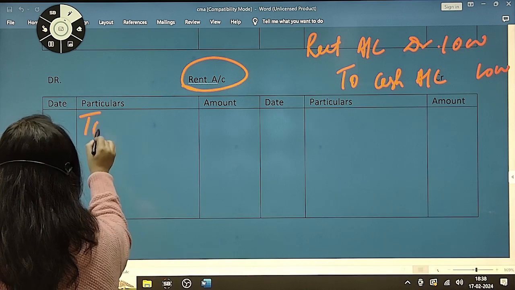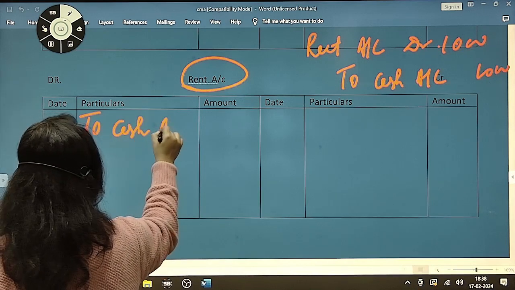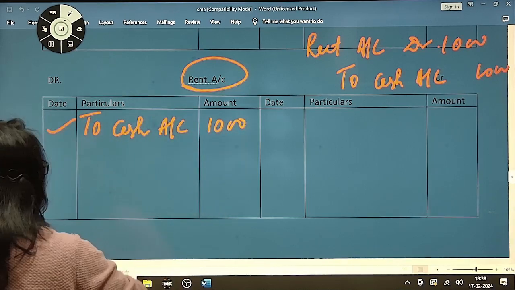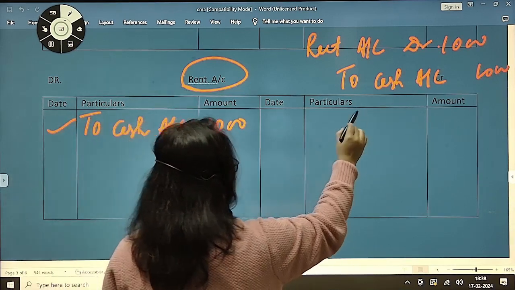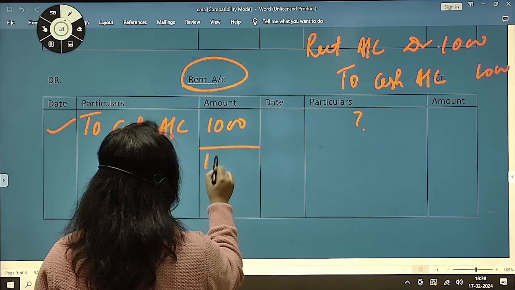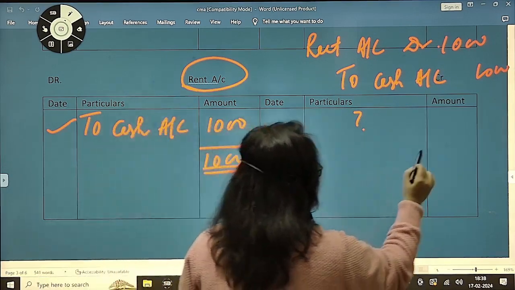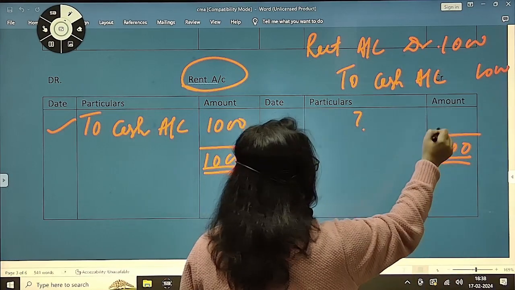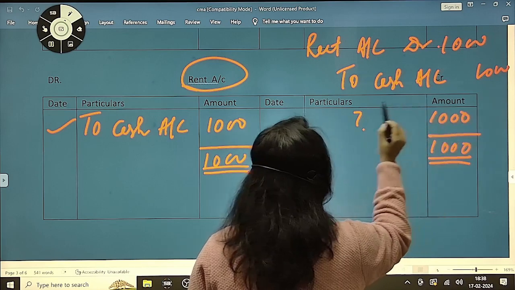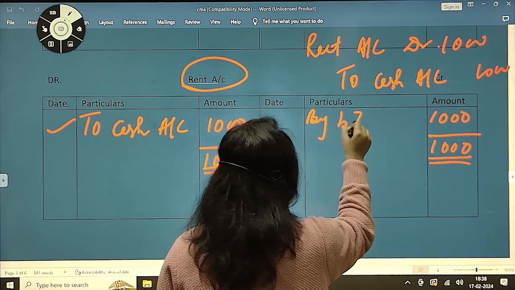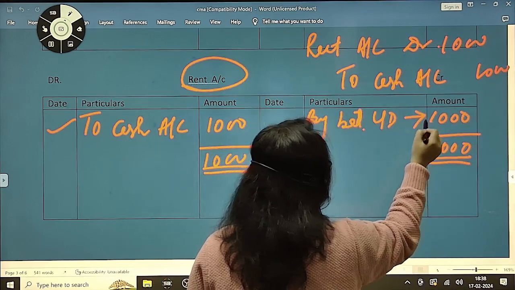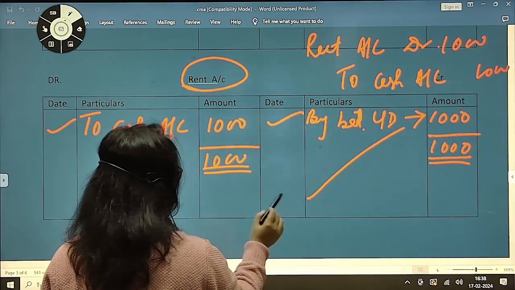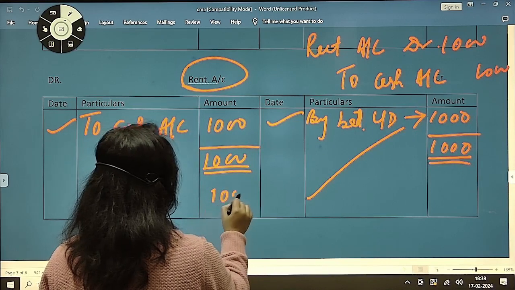We will give the posting here to cash account. So here we will write 1000, and write down the date here. As in the credit side there is nothing, here we will balance it 1000. Since 1000 is less, we will write by balance CD 1000 here. So here we will write down the date, and this will come here as balance BD 1000.